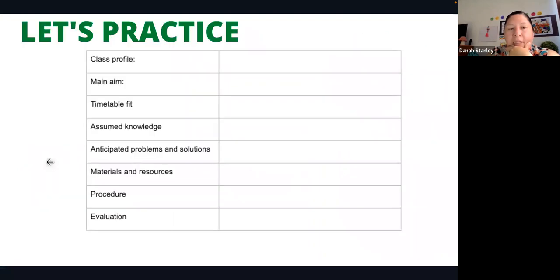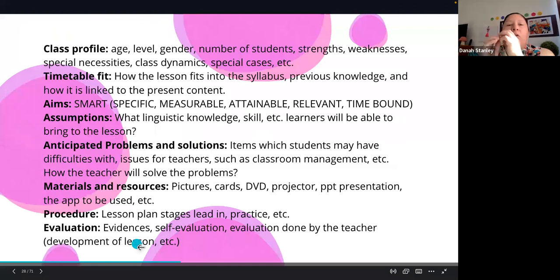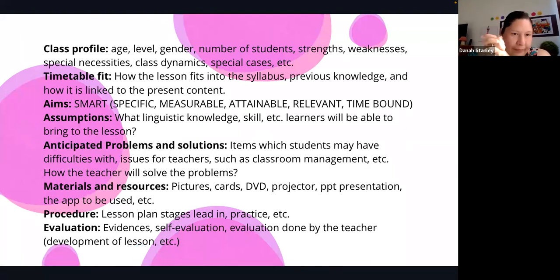So, let's make a stop. I'm going to give you a minute. You have your lesson plan. From these, check what elements you have in your lesson plan and which ones are missing.